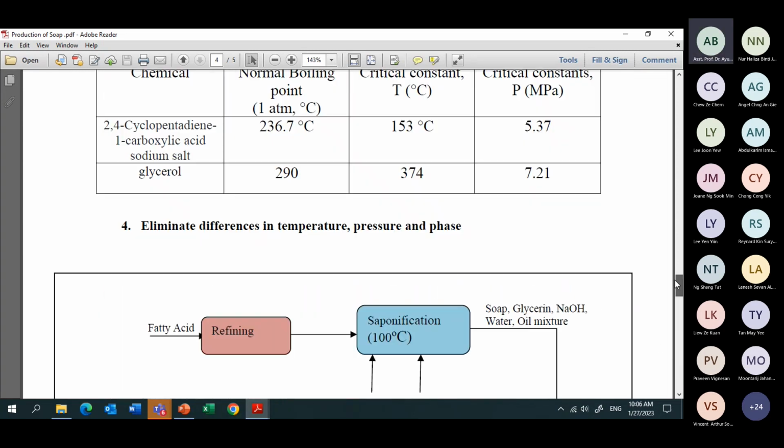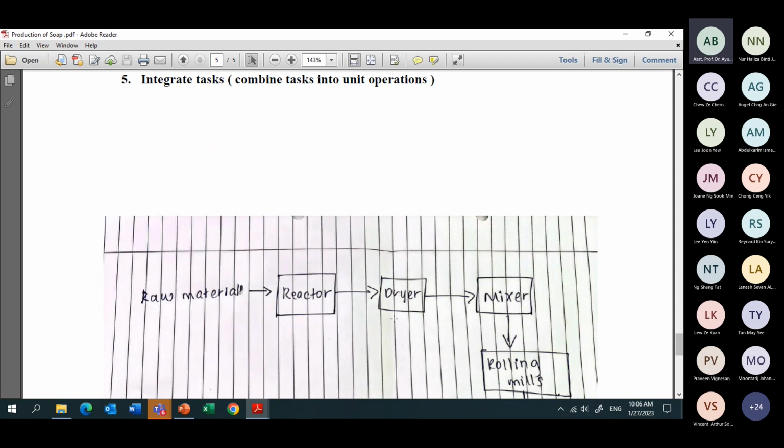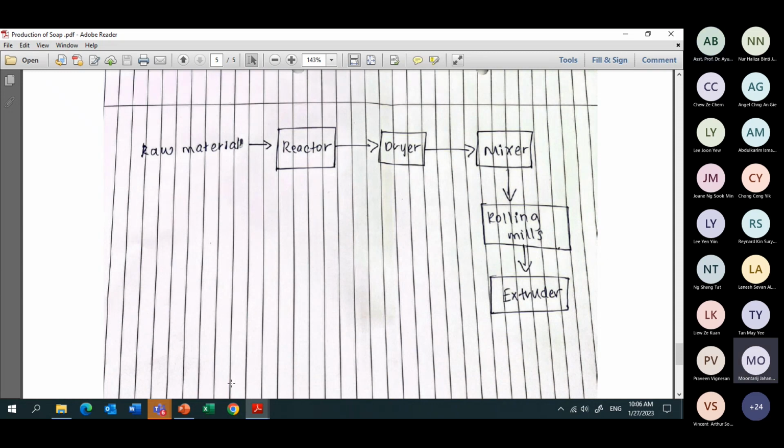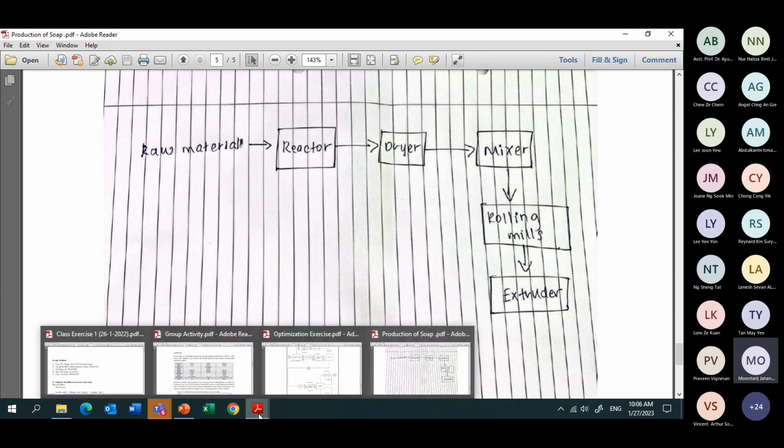Okay, Muntarish group, number 5 is wrong. Overall, after you identify the separation unit and also the TP phase unit op, then you should include all together. Okay?